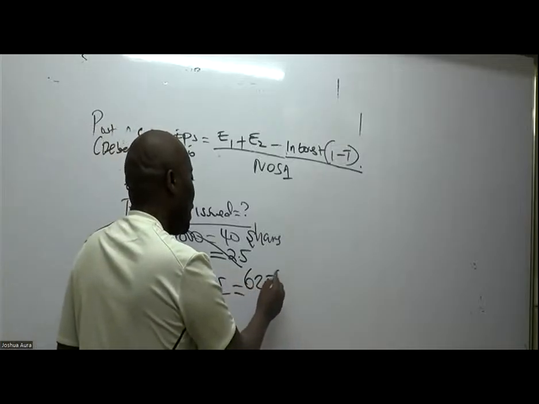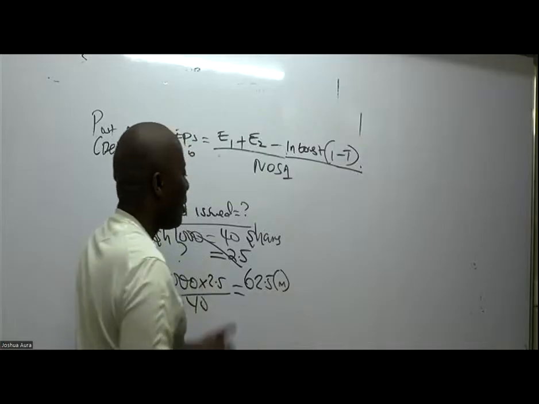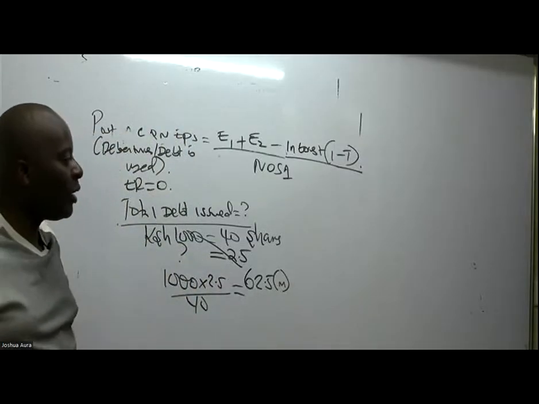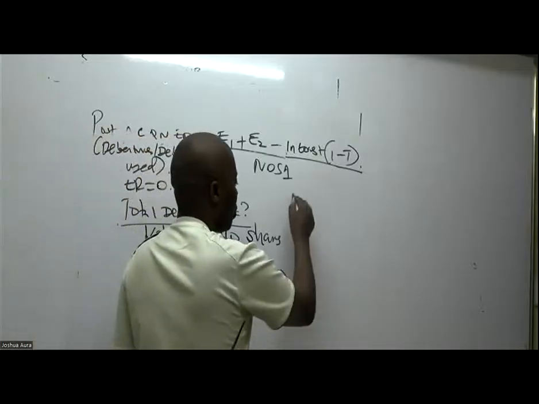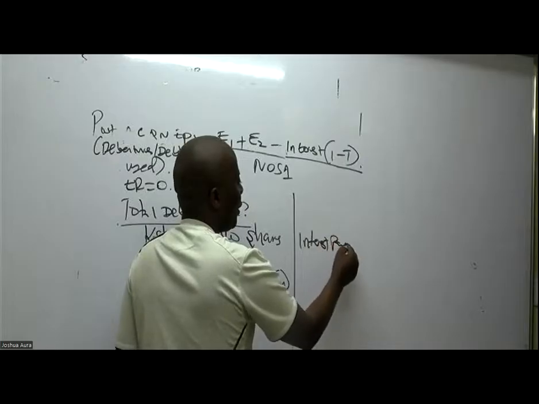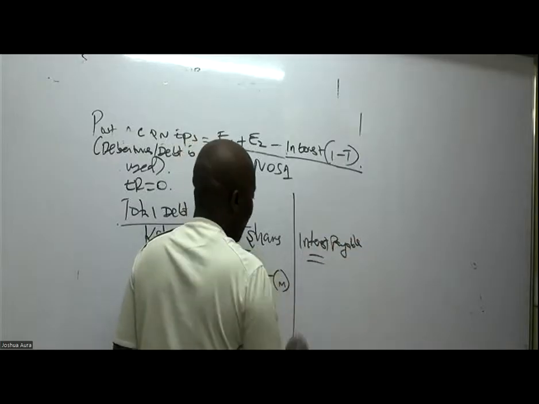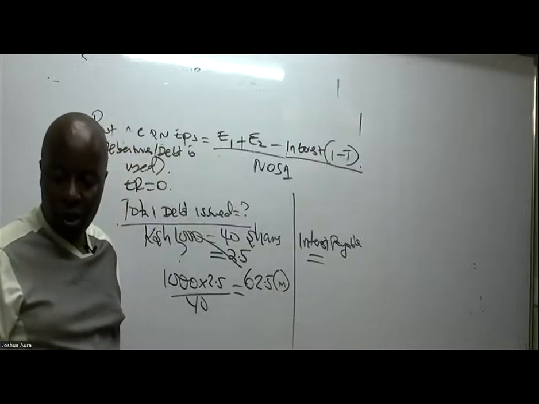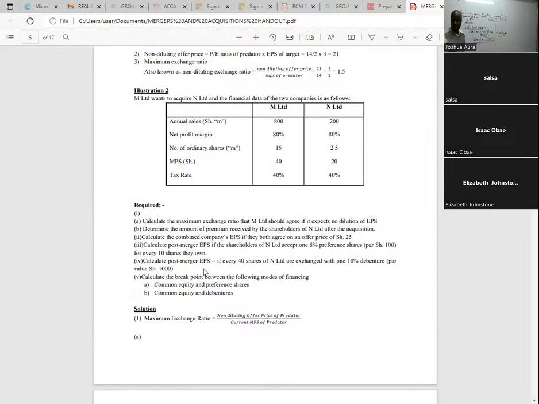Please, it doesn't stop there. What I'm interested in is the interest amount. Fortunately, they have given us the rate of interest, so come and give us the interest payable. The rate of interest in the question is 10%.